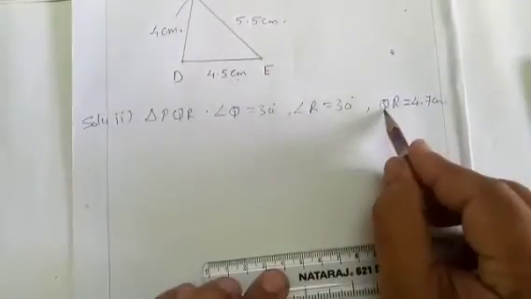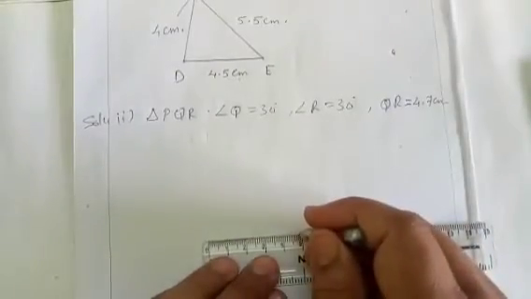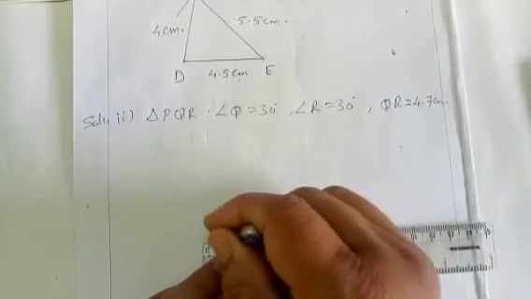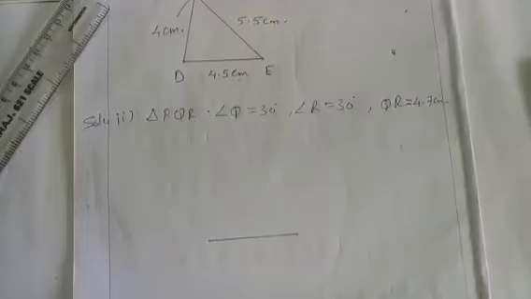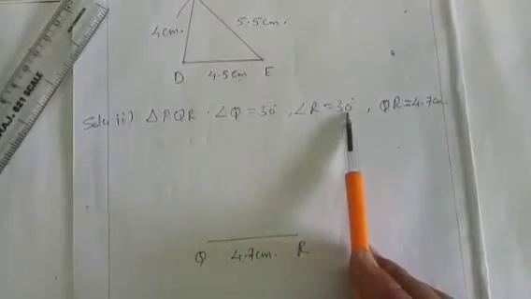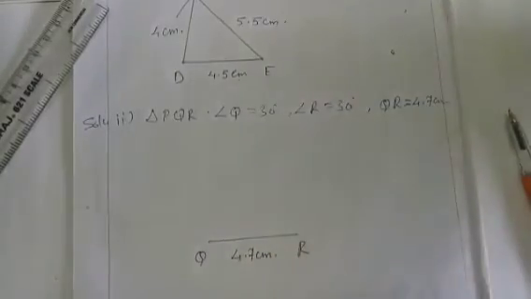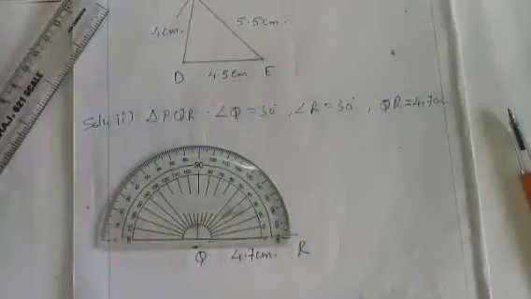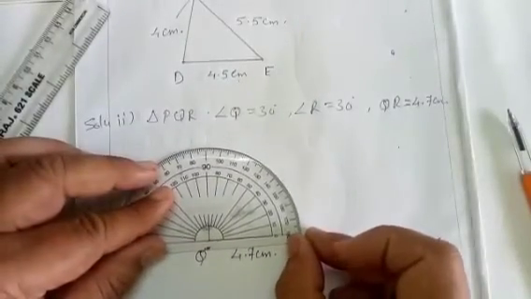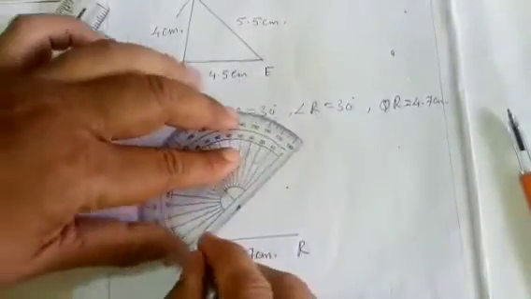Draw a line segment QR of 4.7 centimeter. Name it QR and write 4.7 centimeter. From Q and R you have to draw an angle of 30 degrees. With the protractor, 0, 10, 20, 30.